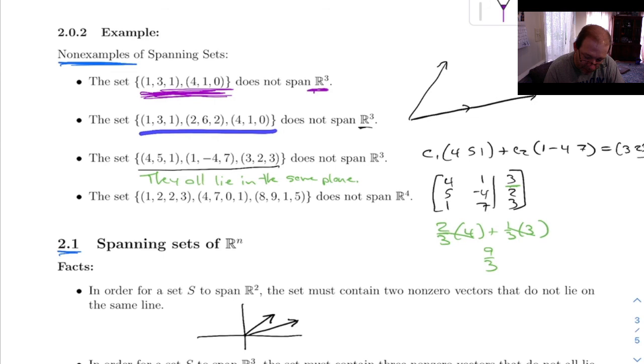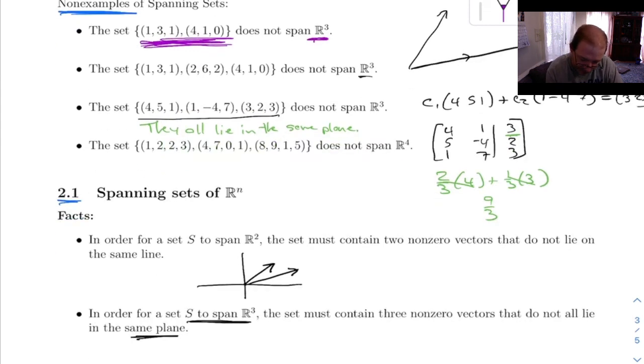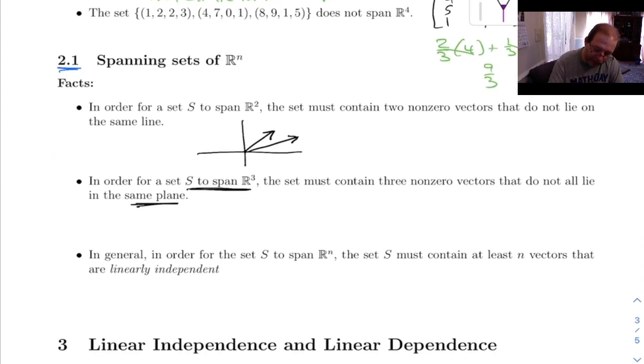For this one, we had 3 vectors, but they weren't linearly independent. These two, one's a multiple of the other. And these aren't linearly independent because this is a linear combination of those. And for R4, we just don't have enough vectors here. All right, so we'll talk about linear independence and linear dependence in the next video.